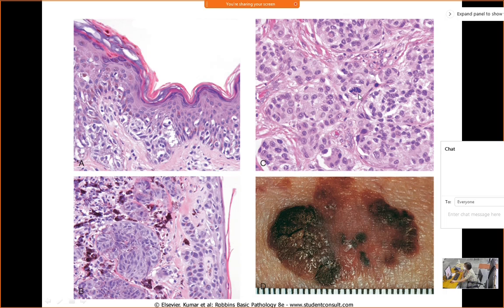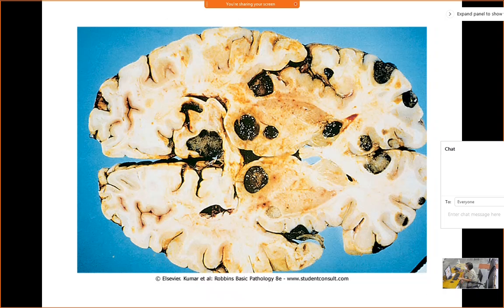In that case, we have to do immunohistochemistry, and the most important marker for melanoma is HMB45. So HMB45 is very important. It is diagnostic for malignant melanoma. Even S100 can be used, but S100 is not so specific.